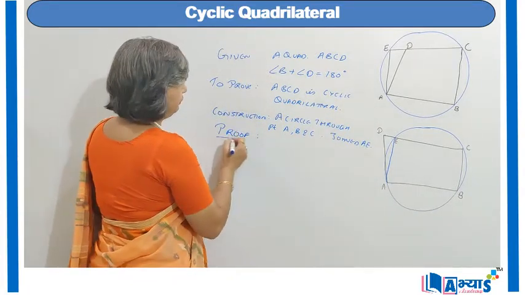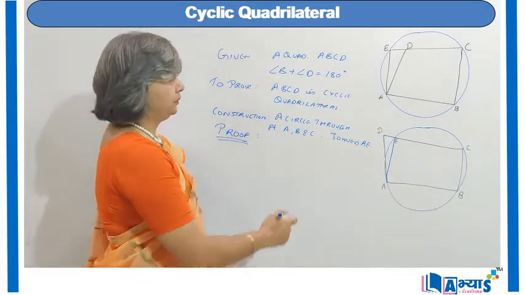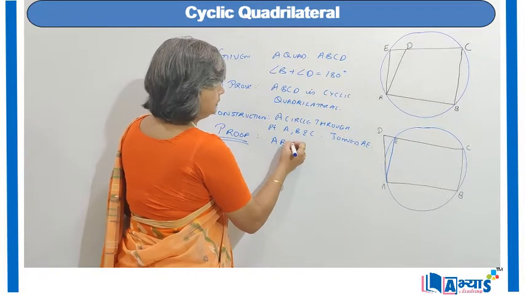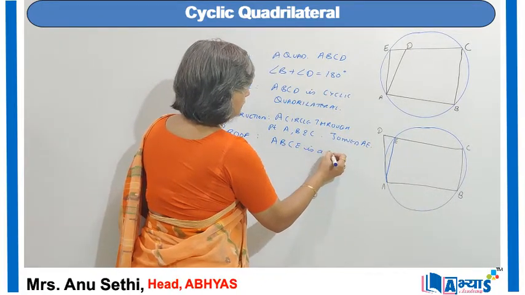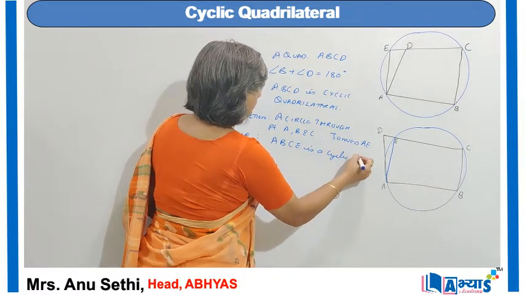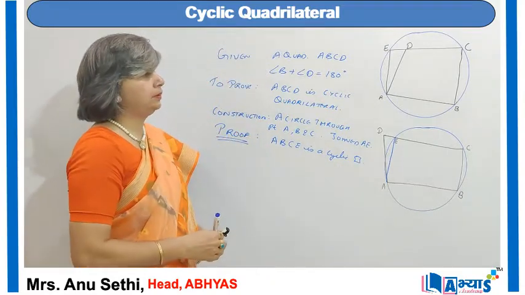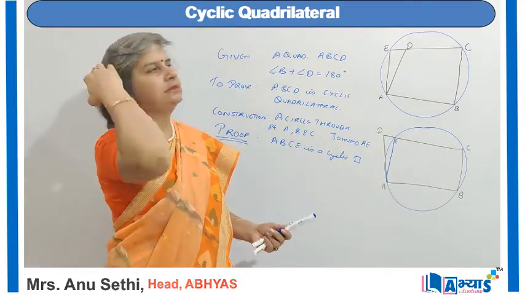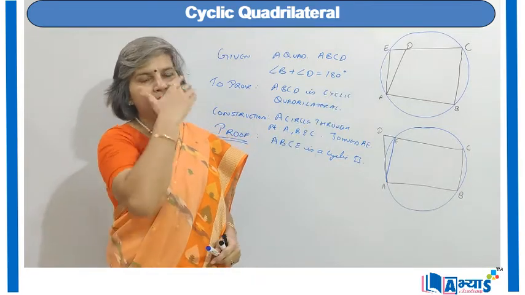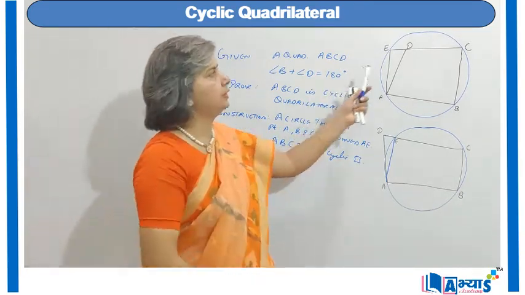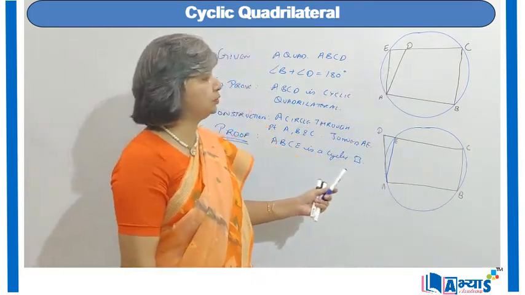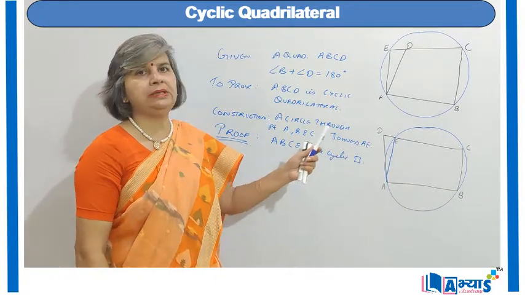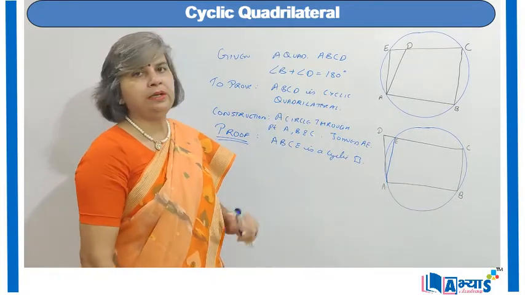Now the proof will be: ABCE is a cyclic quadrilateral, because we know that the points A, B, C were lying on the circle and the point E is also lying on the circle in the first case and in the second case also. So we can say that ABCE is a cyclic quadrilateral in both the cases.